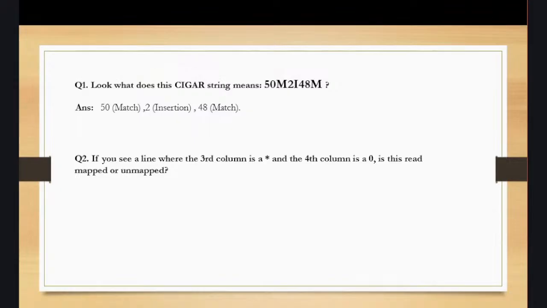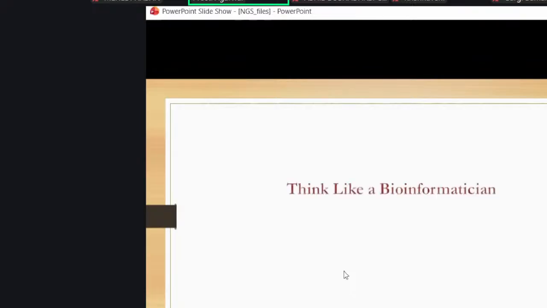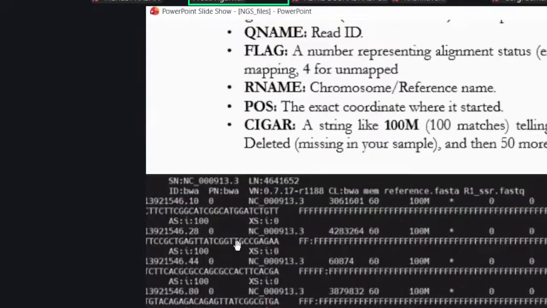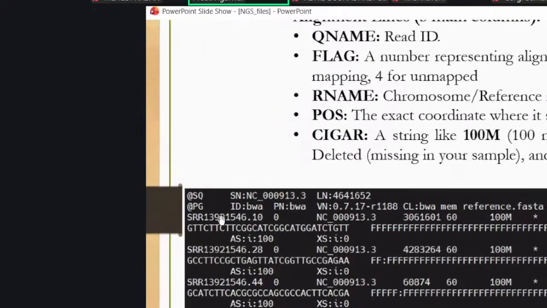Okay, so what you are saying is regarding the paired end, but I am asking about the third and fourth column. Here is the first column, second, third and fourth. So if in the third column you find an asterisk, and in the fourth column you find zero, then it means it is unmapped.